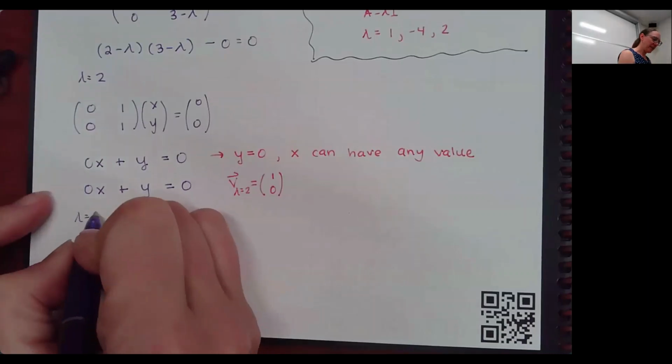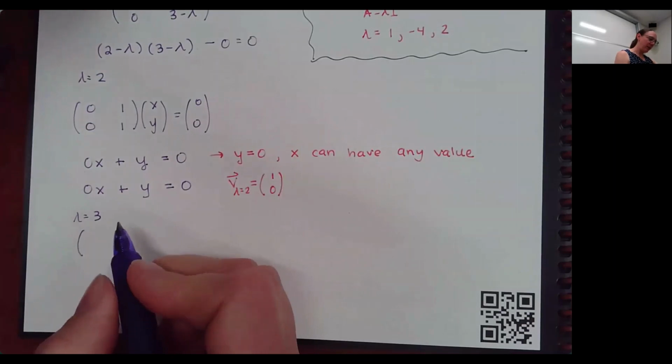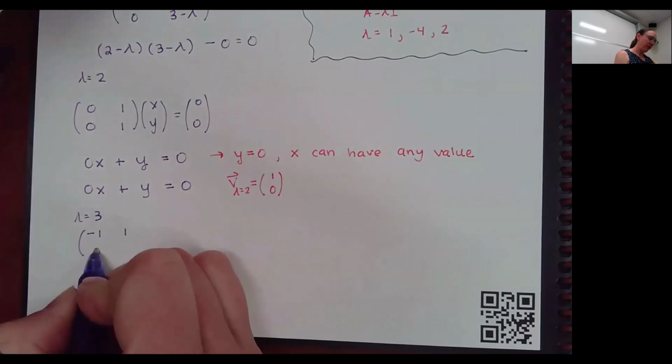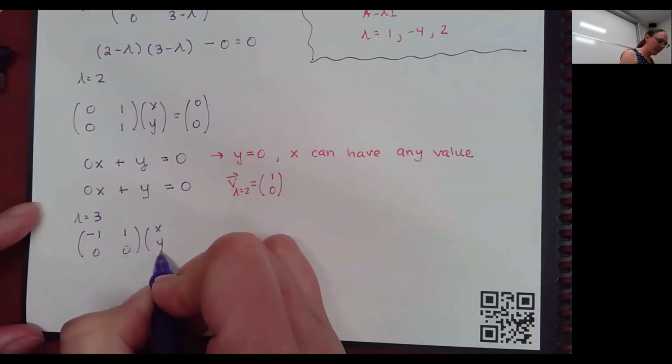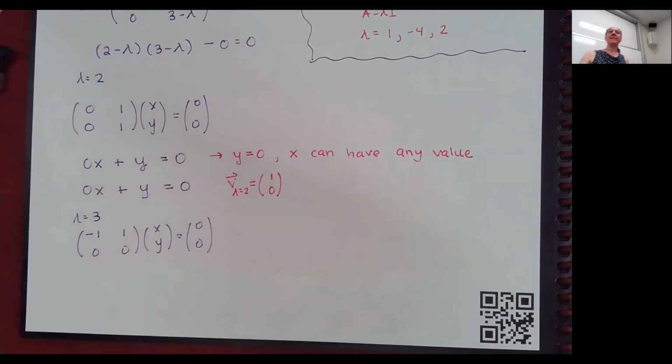So let's say my lambda is equal to 3. Then my matrix becomes 2 minus 3, that's -1, 1, 0, and 3 minus 3 is 0. Well, here the bottom row is not telling us anything interesting at all.